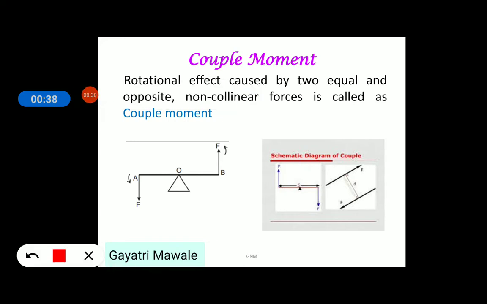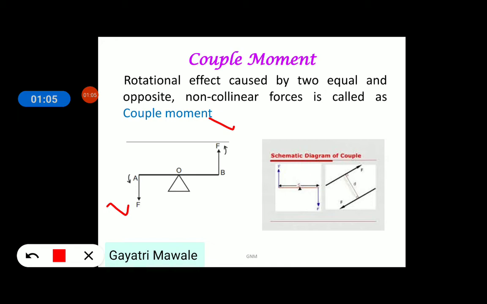In this figure here, two forces are acting on rod AB. The two forces are parallel to each other. Two forces are having same magnitude F, and the two forces are non-collinear, equal in magnitude, opposite in direction.